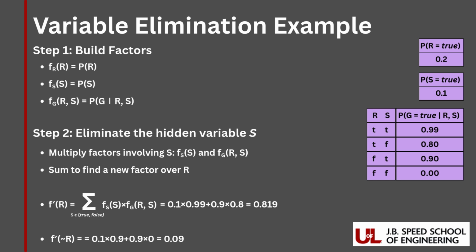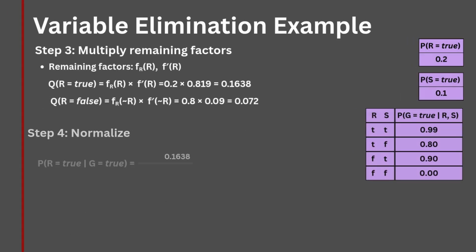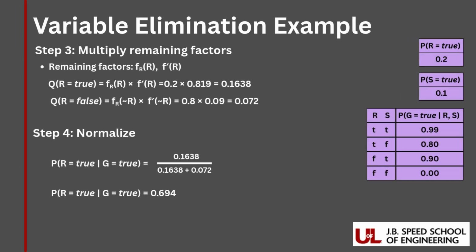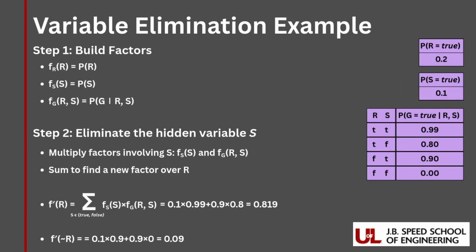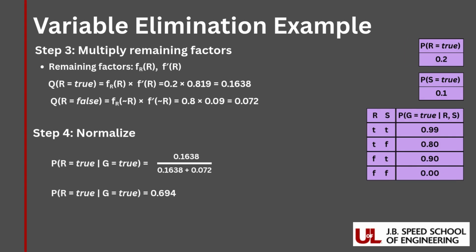And so we have these two probabilities, which will bring us to step 3, which is to multiply the remaining factors. And so now we only have 2 factors left because we eliminated f_S of S because S was hidden, and we eliminated f_G of R and S because S was hidden there. And so when we want to find Q of R when R is true, we simply multiply those 2 factors out.